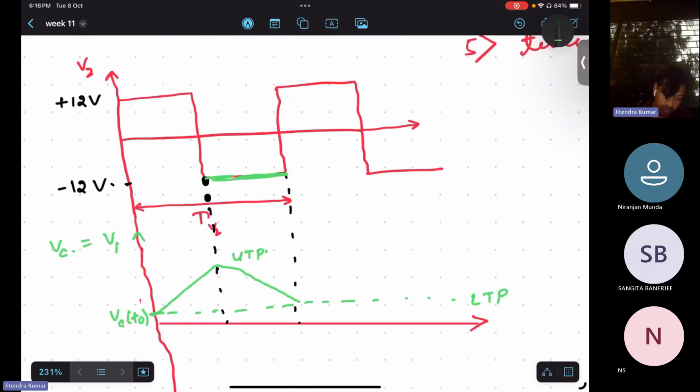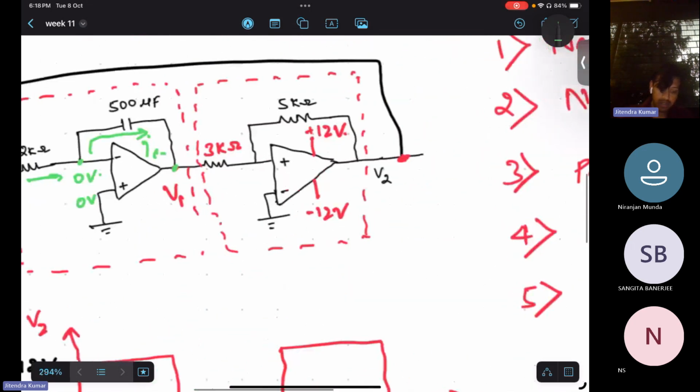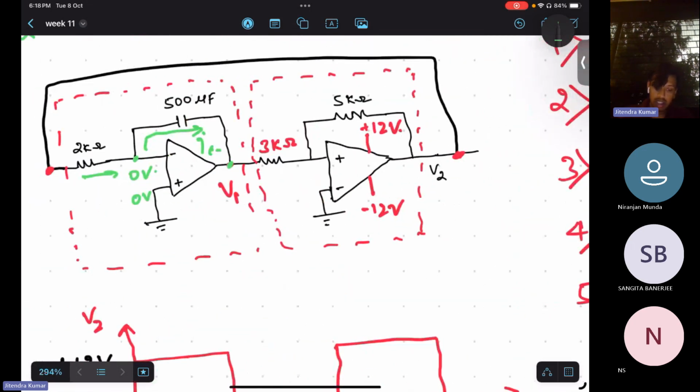Once we know the peak to peak value of V1, we also get to know the slope, and then we can easily find it. For that, if you see this circuit very carefully, I think we can solve it.